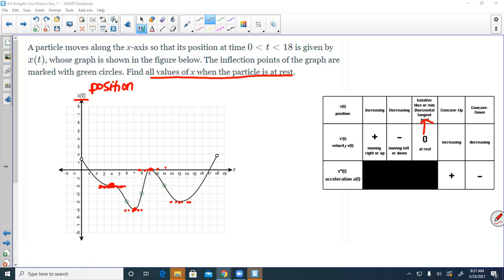So it looks like I've got 1, 2, 3, 4 places where the object is at rest. So 4, 7, 9, and 13. 9, 13 seconds.